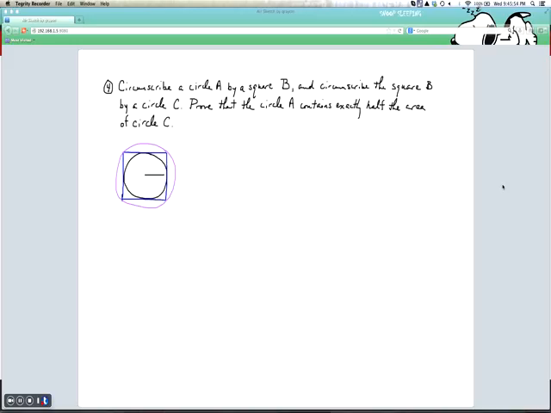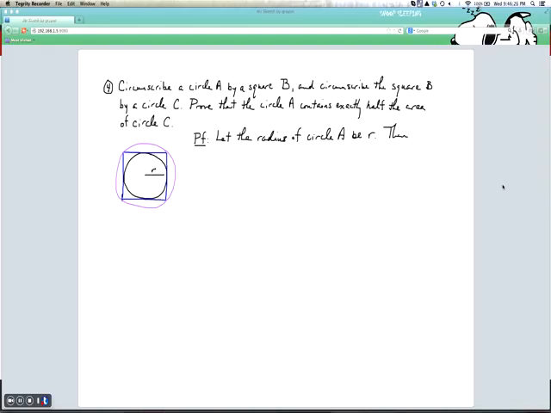Maybe this is radius R. Okay, so here goes our proof. We would say something to the effect, let the radius of circle A be R.